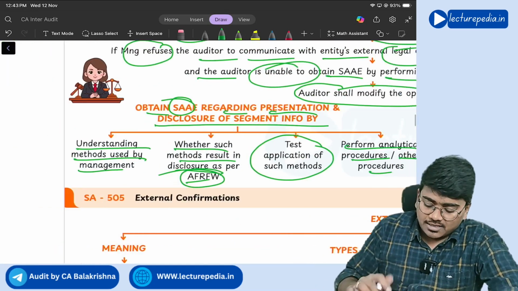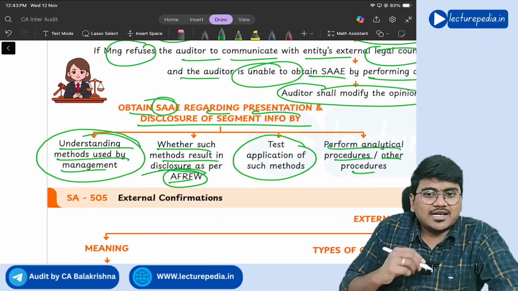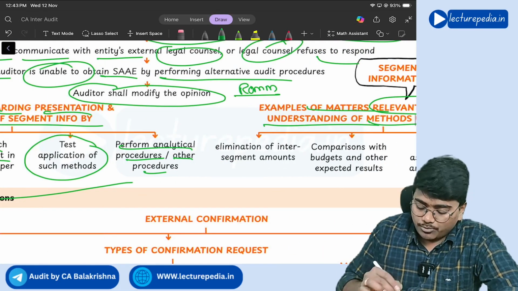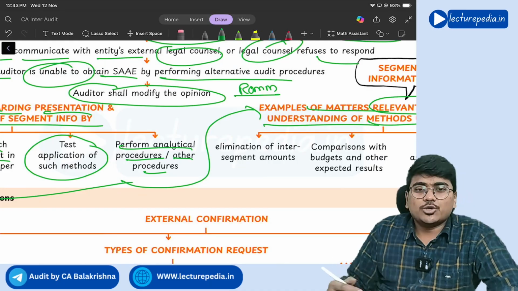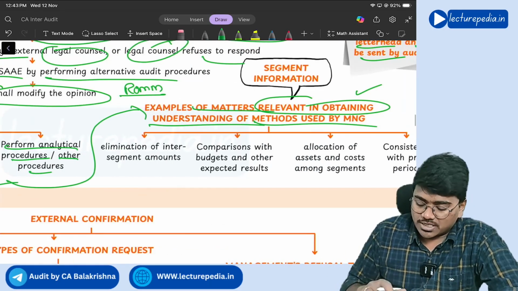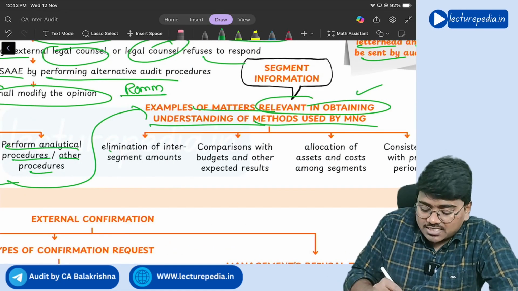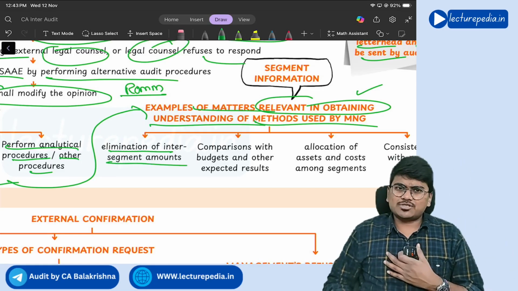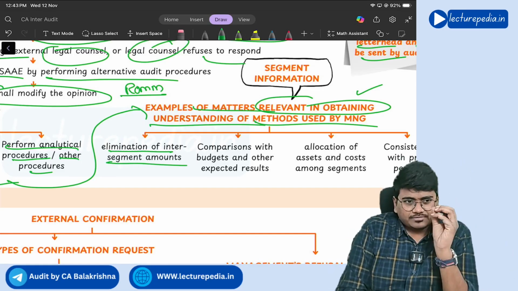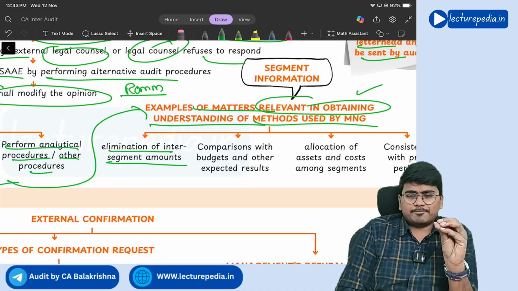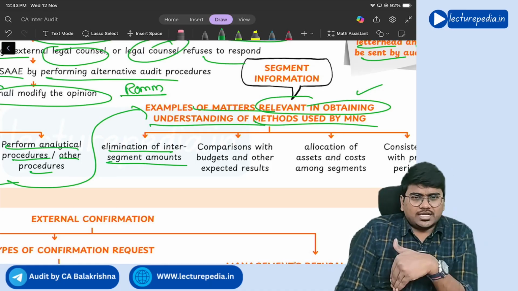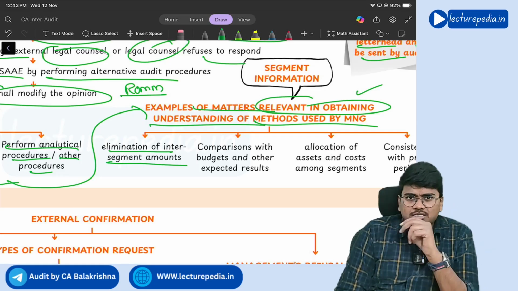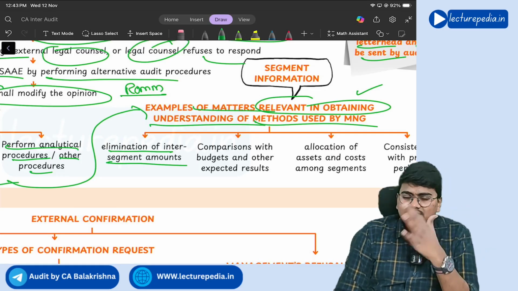Next, some examples of matters relevant in obtaining an understanding of methods used by the management. So here the first step is understanding the methods used by the management. So what are some examples of ways through which you can obtain an understanding of those methods? First, how the management has eliminated intersegment amounts. Intersegment amounts means, see, segment wise, North India, South India. The entity has operations in North India and operations in South India. There is a branch in North India, there is a branch in South India.